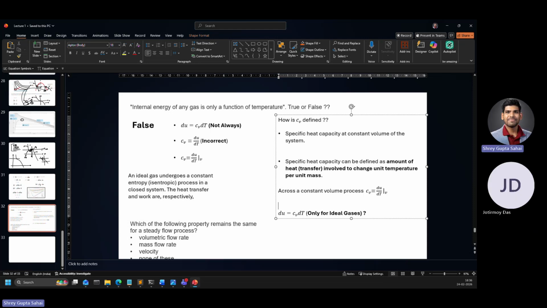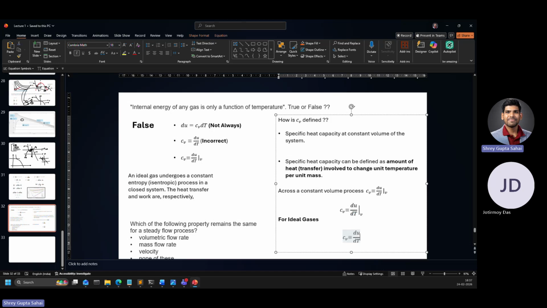So first of all, let's think what does this mathematically imply? Generally we know CV is this. But now I am writing, for ideal gas, I can remove the constraint of constant volume.